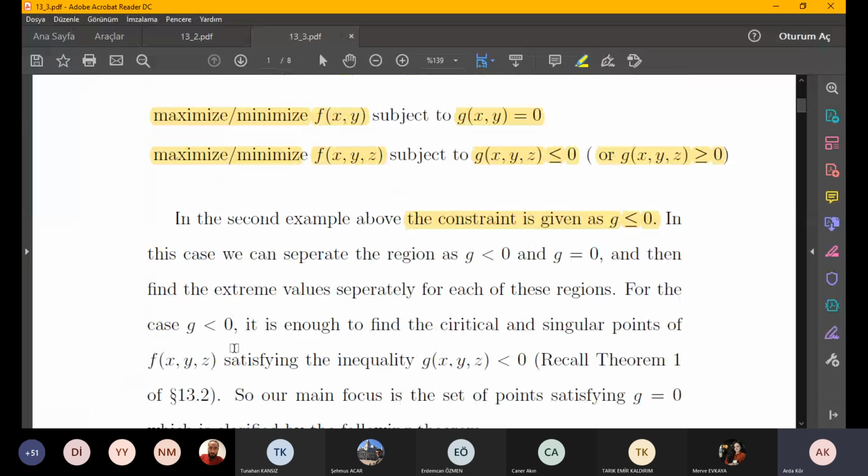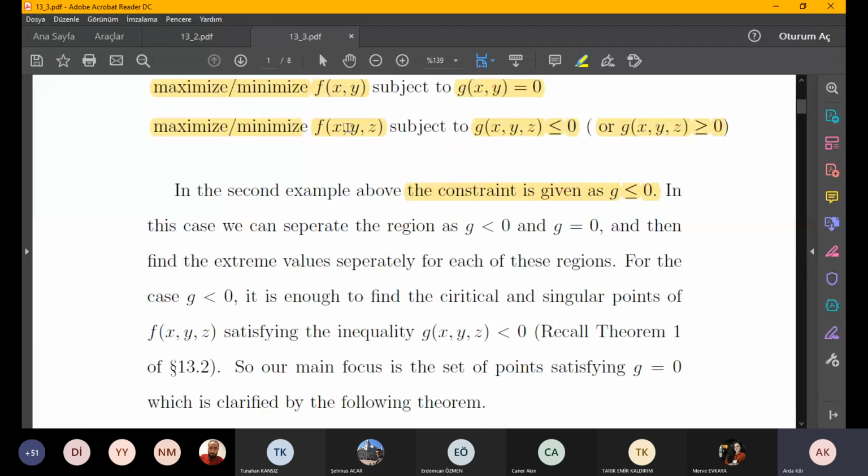In that kind of constraint, we can separate the region as g smaller than 0 and g equal to 0, and then we find the extreme values separately for each of these 2 regions.